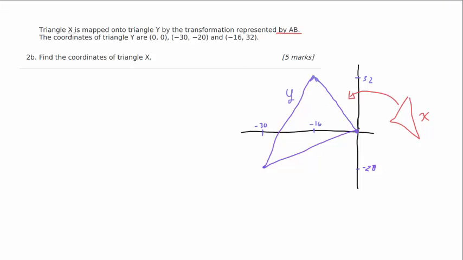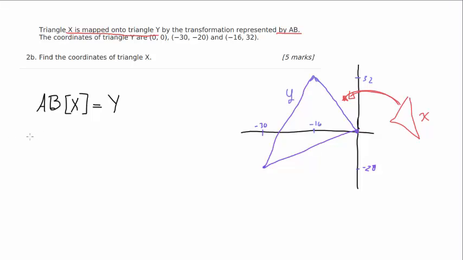So that's what this phrase means: we have some x that was transformed to become triangle y. And so what we're really saying is AB times the coordinates of triangle x will equal the coordinates of triangle y. And now we want to find out, what is x? So we need x by itself.